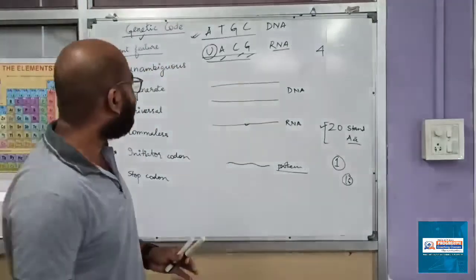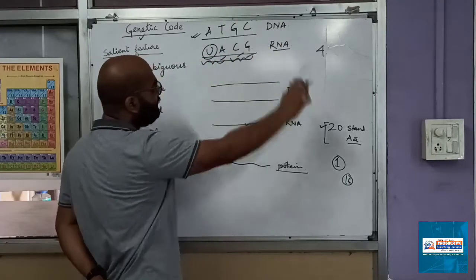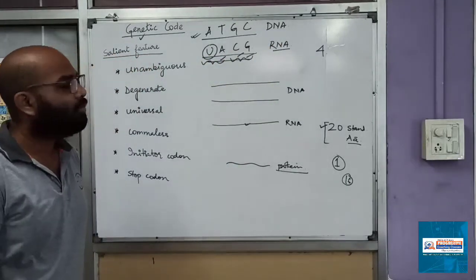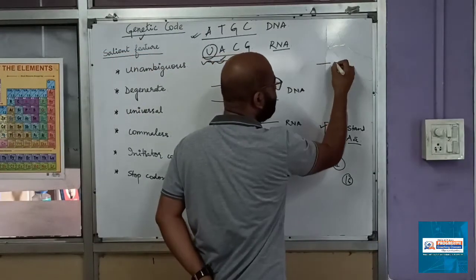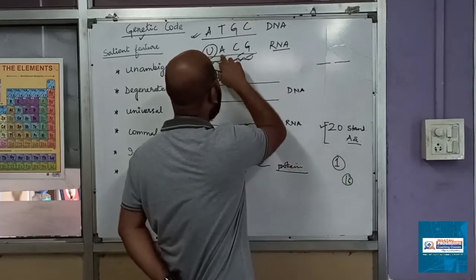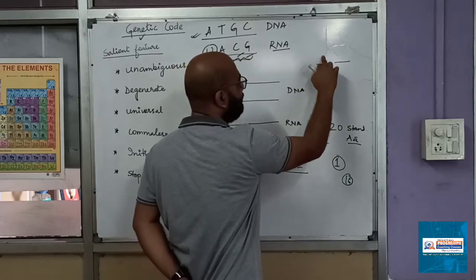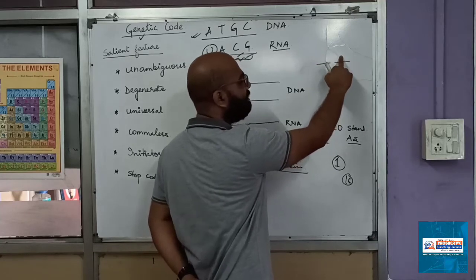Then they thought, no, let us take two nucleotides to represent one amino acid. If these are the two positions, in any position there can be any nucleotide, and irrespective of this one, any nucleotide can come here.